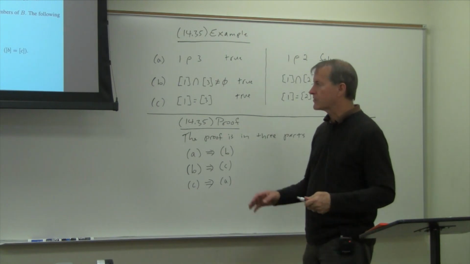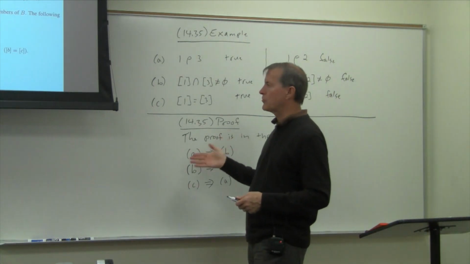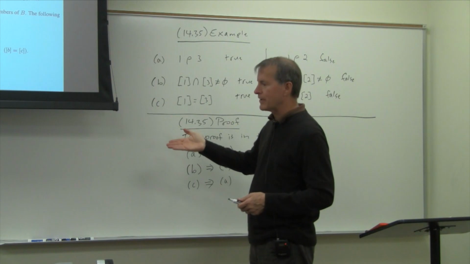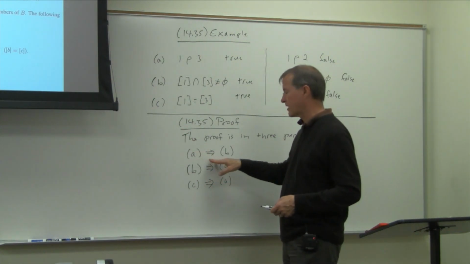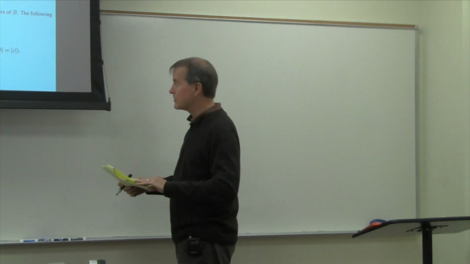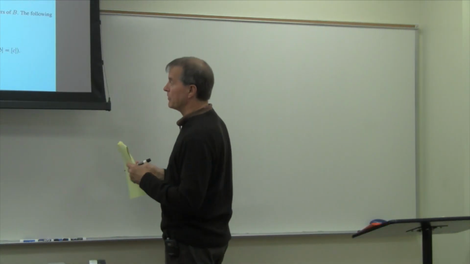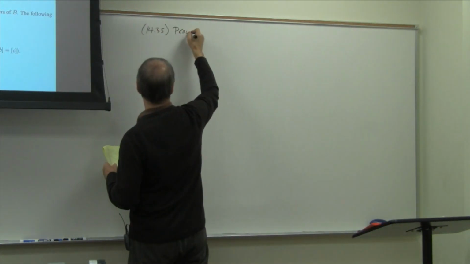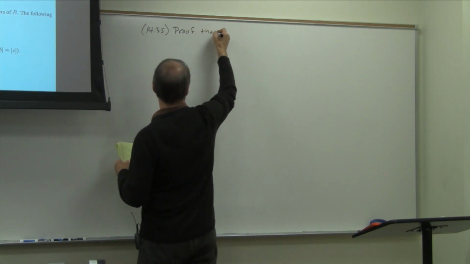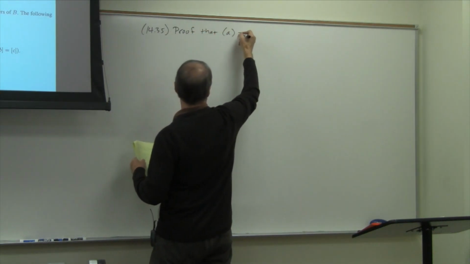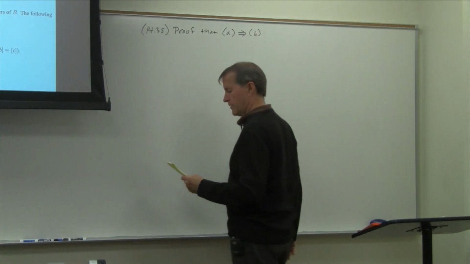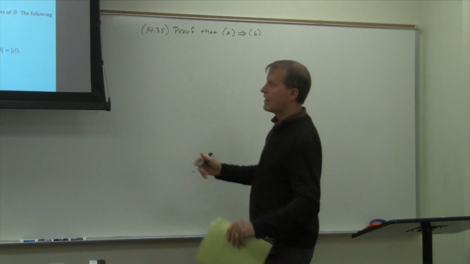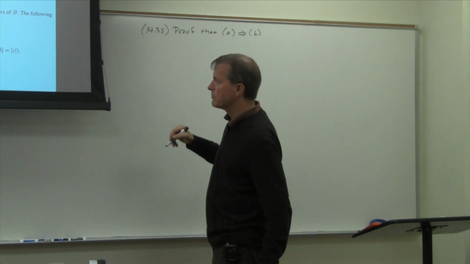All right, so now just to give you an idea of how this works, what we will do now is we will prove part A implies part B. So this is a 14.35 proof that part A implies part B. Okay? So let's write out what it is that we're proving. We are trying to prove what?